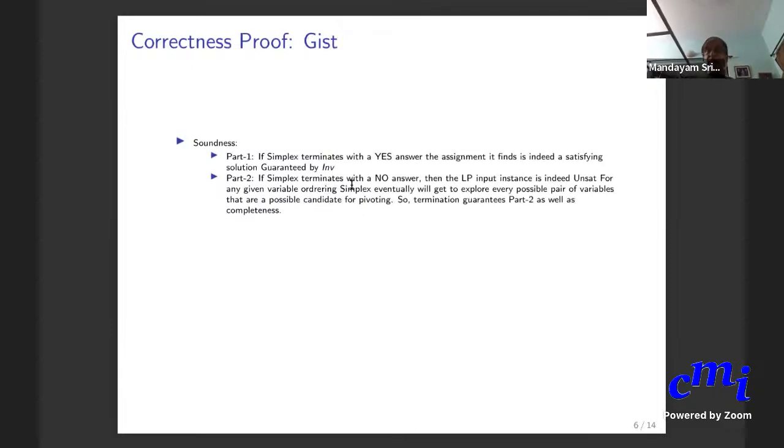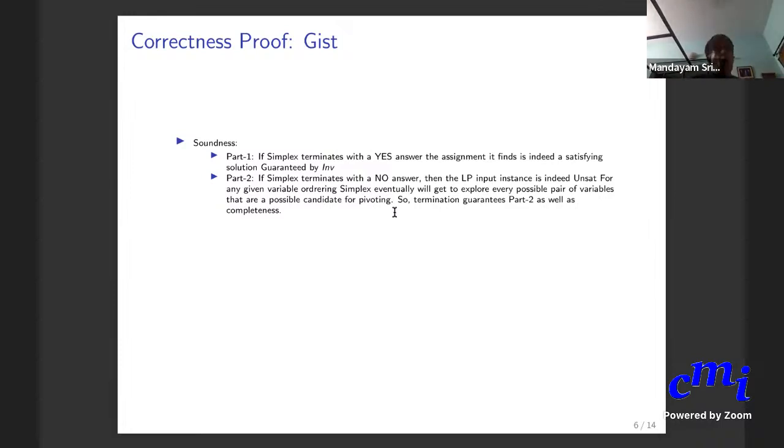The other part of the soundness argument is that when it terminates with a no answer, then the LP input instance must be an unsat instance. This is shown by showing that simplex will eventually explore every possible pair of variables that are candidates for pivoting.